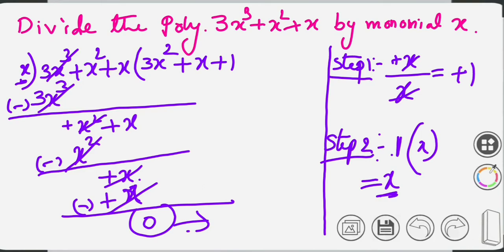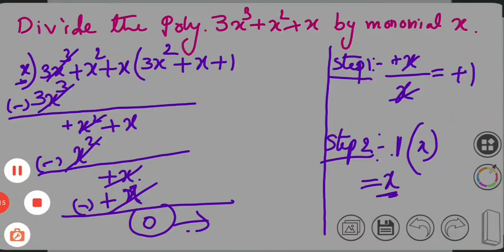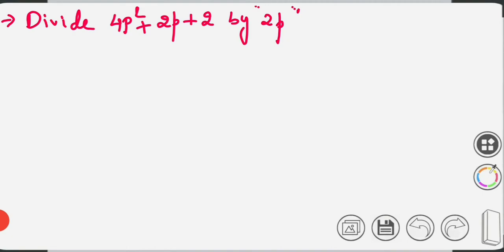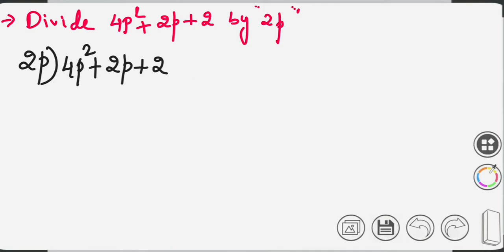Now we will take another example. Divide 4p square plus 2p plus 2 by 2p. So here you have to write 2p, and 4p square plus 2p plus 2. This becomes the dividend, and this is the divisor.